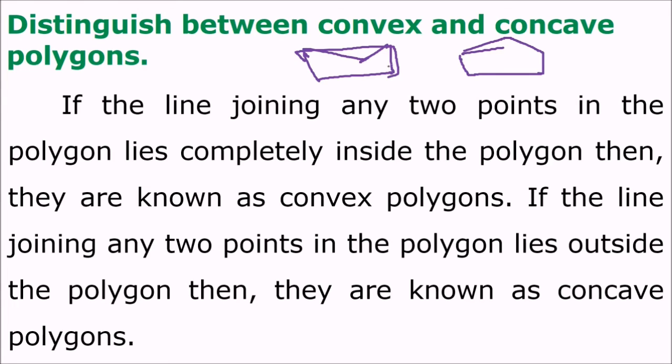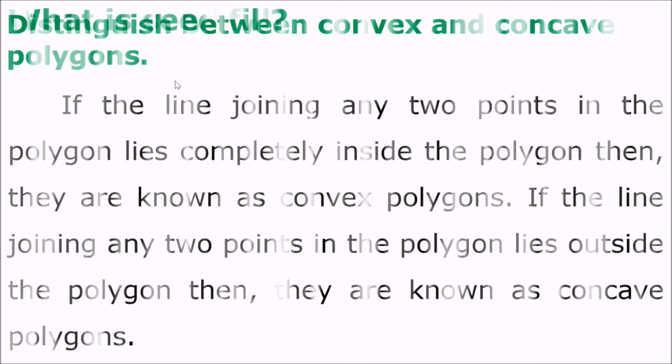So if I join any lines and they are completely inside the polygon, we call it convex. So this is convex. What about this? If I join a line from this vertex to this vertex, it lies outside the polygon, so we know it is a concave polygon.